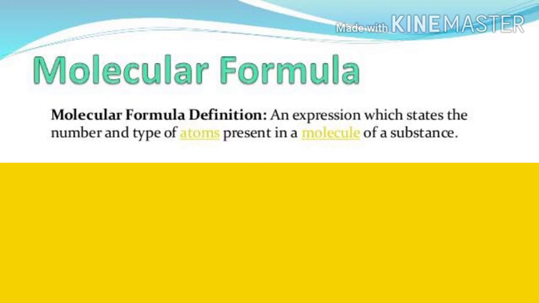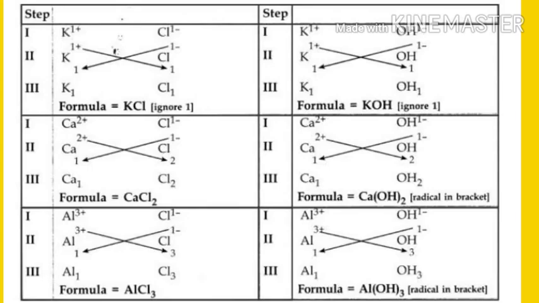Before writing the molecular formula, let's define the molecular formula. A molecular formula is nothing but an expression which states the number and type of atoms present in a molecule of a substance. Let's discuss the molecular formula with the help of the following examples.